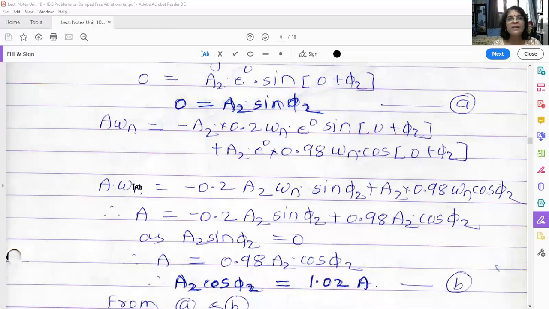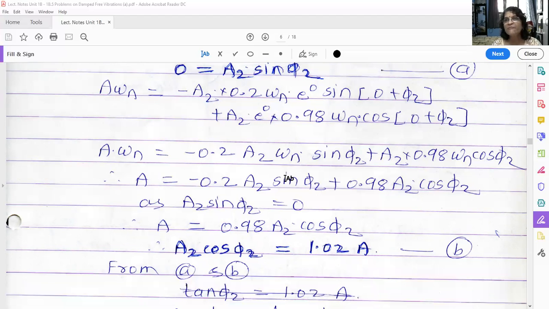Now just simplify it. A omega n is equal to minus 0.2 A2 omega n sine phi 2, this first term, plus, what is the second term? A2 0.98 omega n cos phi 2. Now from both the sides, omega n will be getting cancelled. So what is remaining? A is equal to minus 0.2 A2 sine phi 2 plus 0.98 A2 cos phi 2.